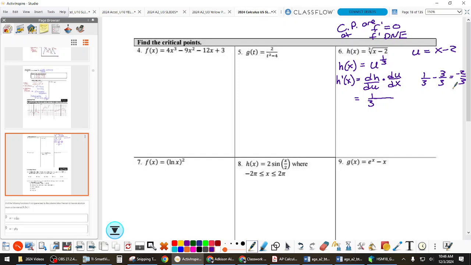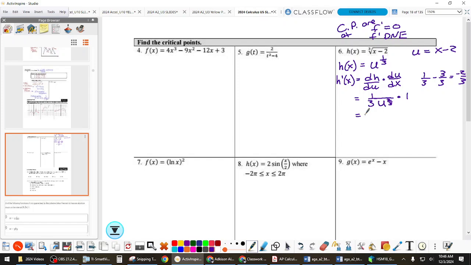Remember, the negative is going to put it down here. So this is going to be u down here to the 2/3. Right now, I'll just write it as u. Okay, and then times du dx, which is just 1. Right? But if this had been anything else, like if it had been 2x or x squared or something, then that would not be a 1.